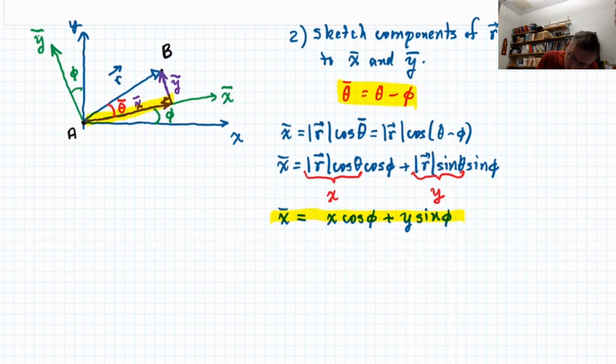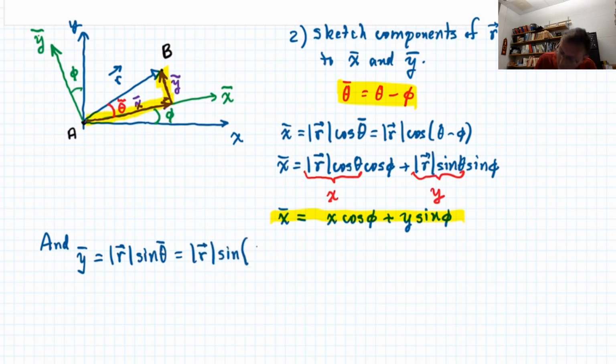So, we'll come over here, y bar. Now I'm talking about this component right over there of that new right triangle. And again, I just use trig, and I have hypotenuse, r magnitude, sine theta bar, which I can then write as r magnitude sine of theta minus phi.